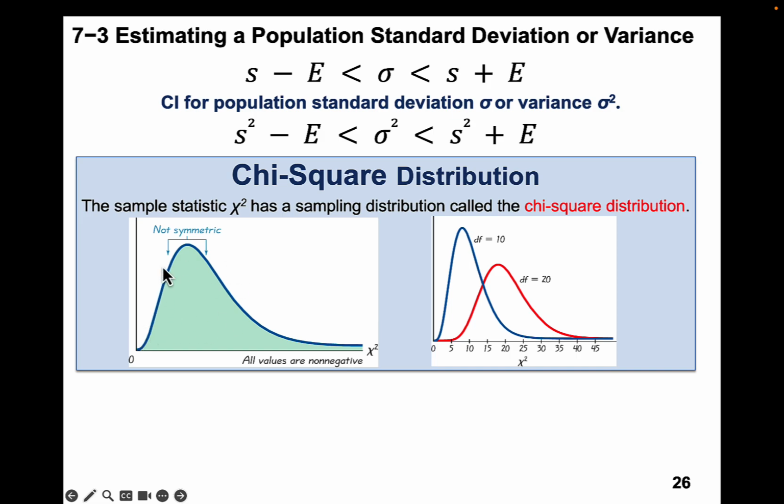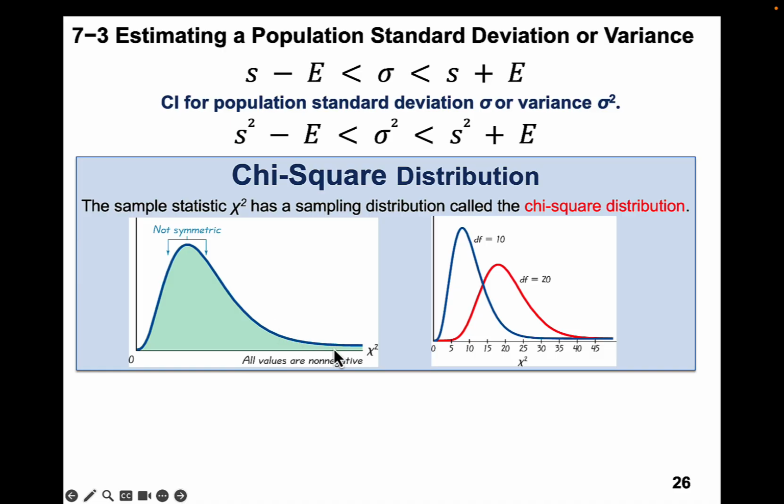So this distribution, this shape that you guys see right here in quadrant 1, is called the chi-square distribution. The sample statistic chi-square, this is the Greek letter right here, has a distribution called the chi-square distribution. All right, you can see that it's not symmetric like the bell-shaped curve.